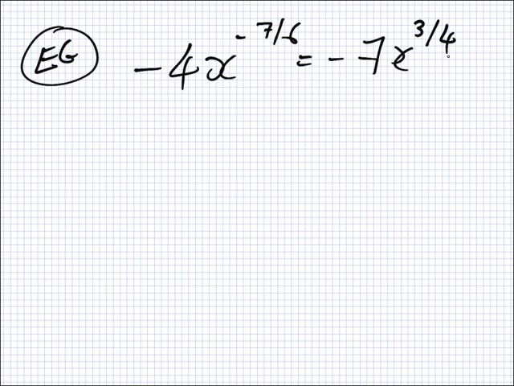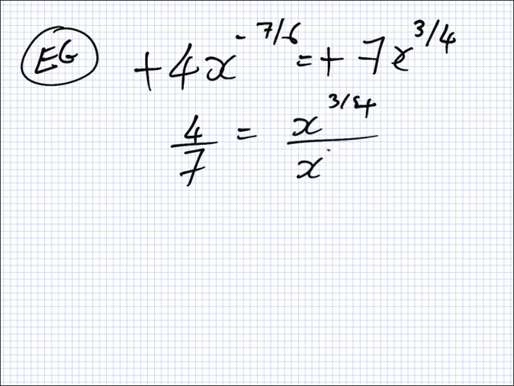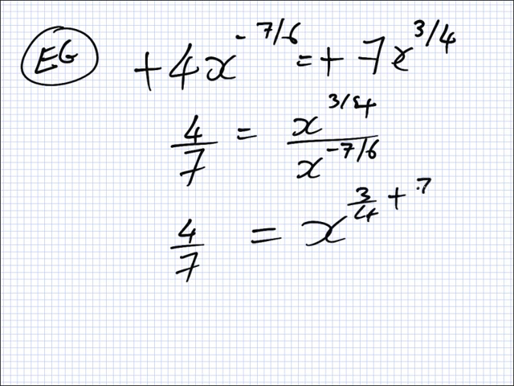Let's have a look. So look, first thing you can do is cancel the minuses. Second thing, divide. 4 over 7 equals x to the power 3 over 4 over x to the power minus 7 over 6. So that's 4 over 7 equals x to the power 3 over 4 minus 7 over 6.